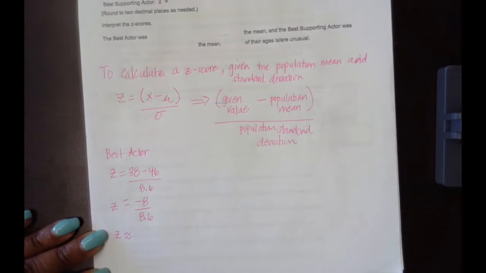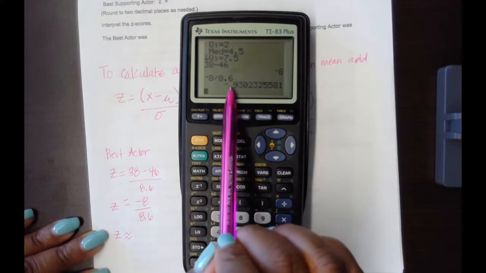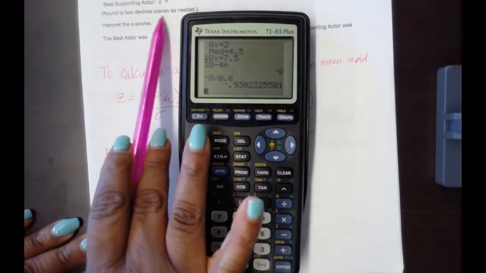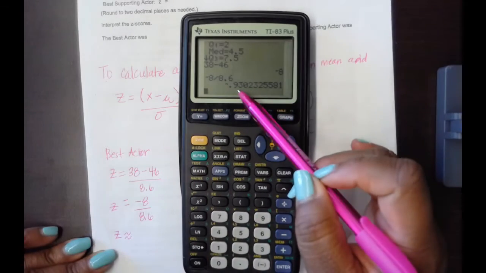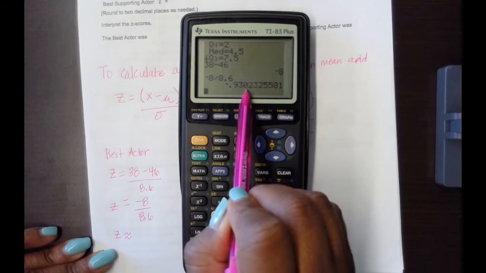And so negative 8 divided by 8.6 is about this number. The problem says we need to round to 2 decimal places as needed. So to round to 2 decimal places, which would be here at the 3, I look at the next place value, which is a 0.